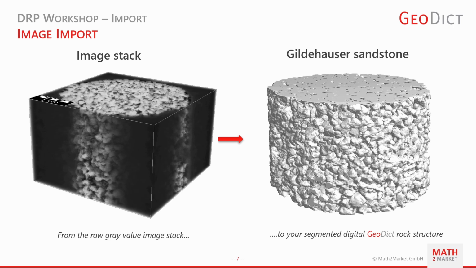Visually spoken, we start with the raw gray value data of the image stack. We will segment, process, label, and visualize the 3D image of an outcrop of the Gildehauser sandstone, so that it looks similar to the structure visualized here on the right side.